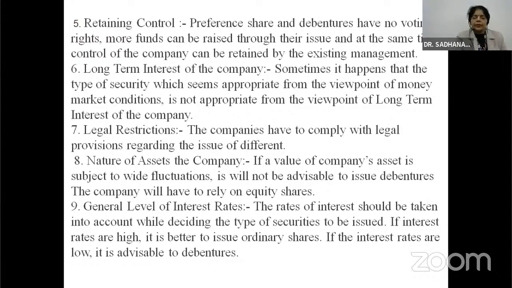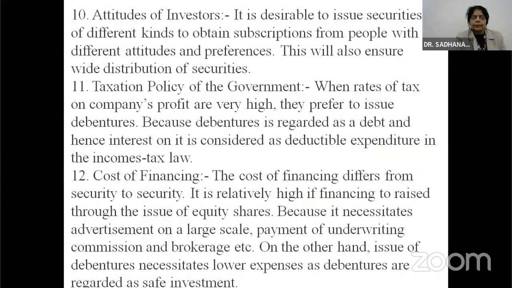And general level of interest rate. The rate of interest should be taken into account while deciding the types of securities to be issued. If interest rates are high, then people prefer to issue ordinary shares. If interest rates are low, then it is advisable to issue debentures only.